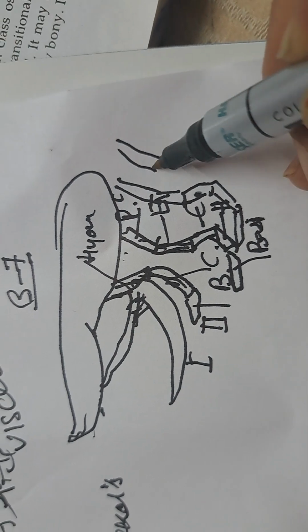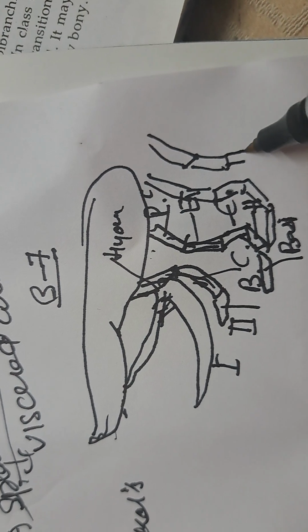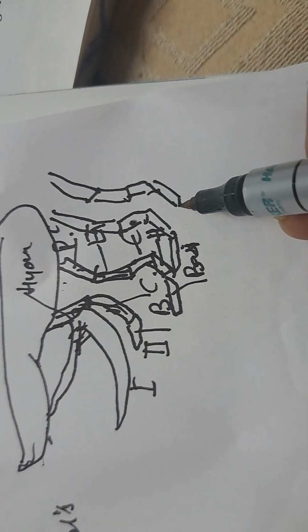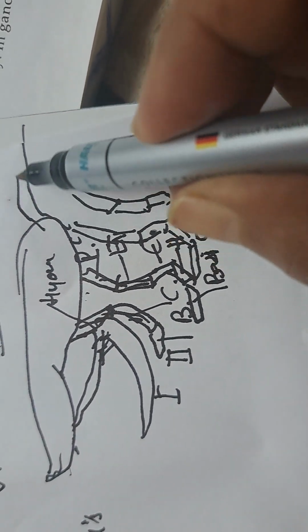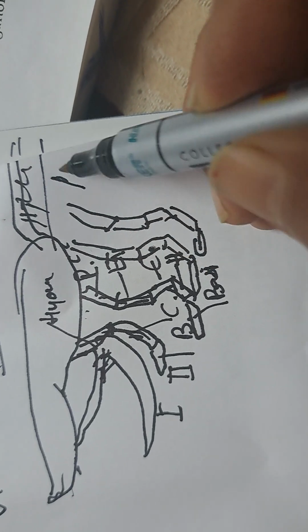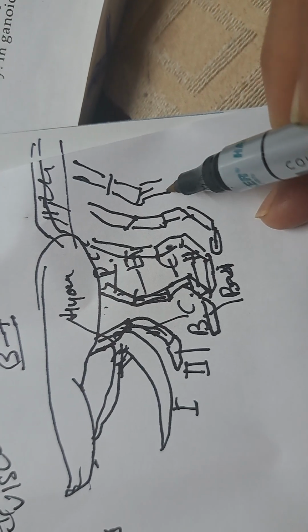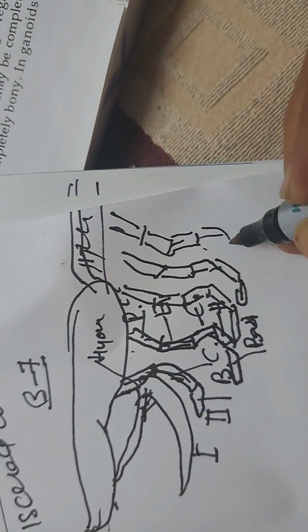They are joining like this, the basibranchial, and here is the notochord. You can make the notochord, this portion, and they are supporting the pharynx.